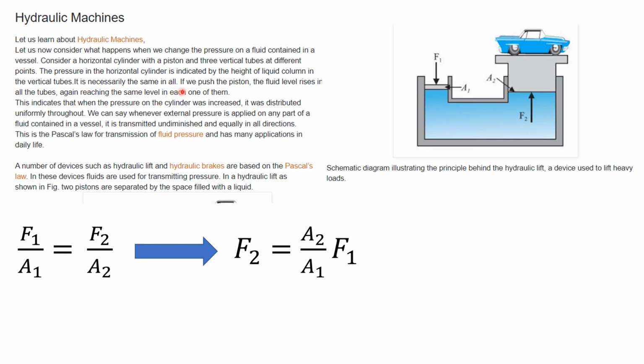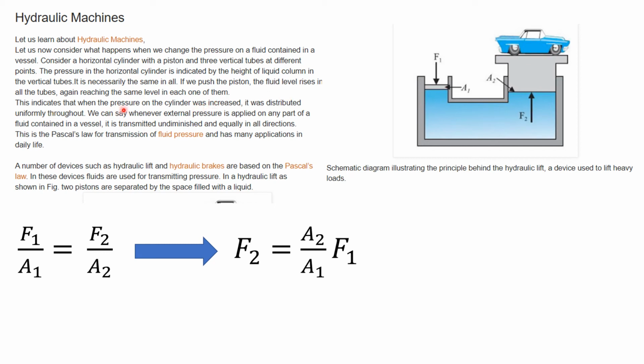It is necessarily the same in all. If we push the piston, the fluid level rises. So if we push on this piston, the pressure is downward, and it raises this on this side. The fluid level rises in all tubes, and it reaches the same level in each one of them.